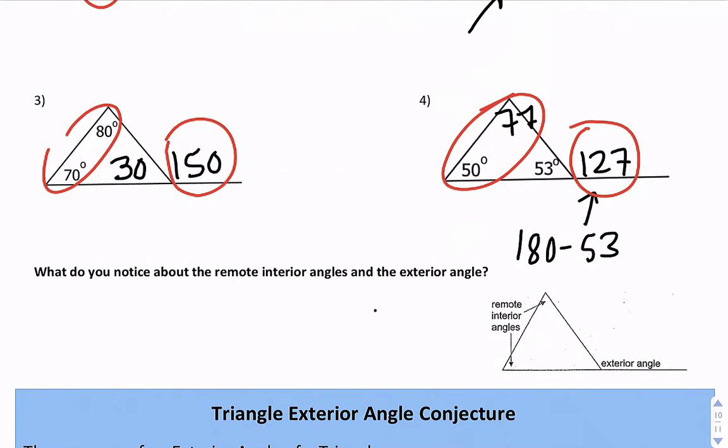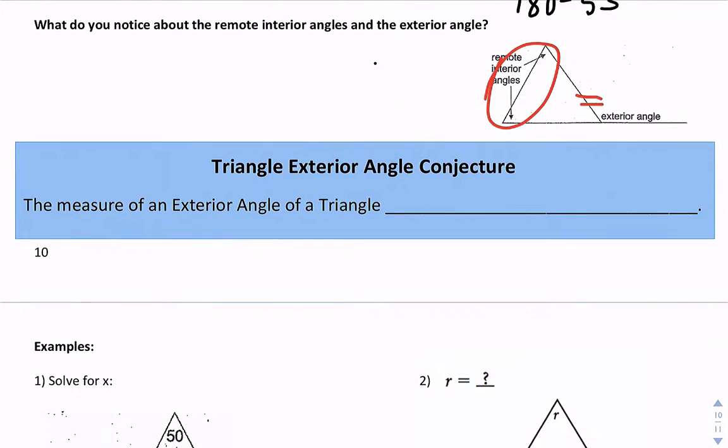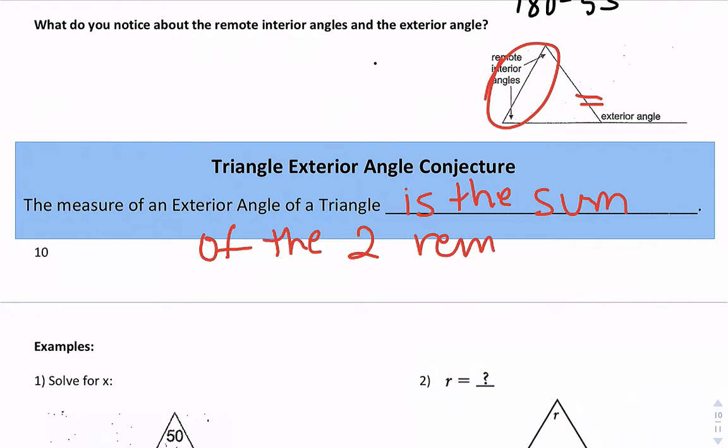All right, so the sum of those 2 remote interior angles equals the exterior angle. So here's our conjecture for today. The measure of an outside angle of a triangle is the sum, meaning you add them up, of the 2 remote interior angles.